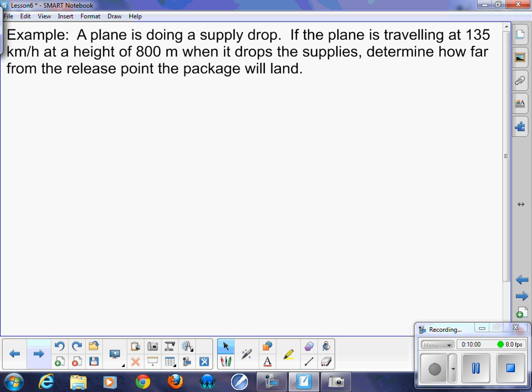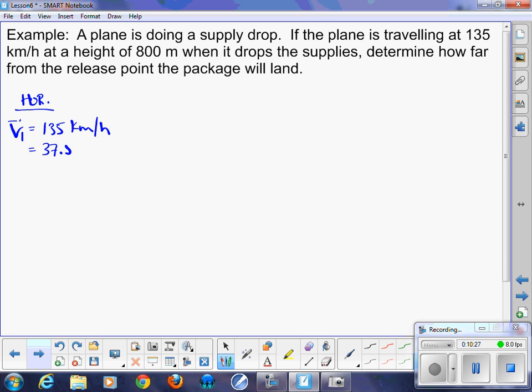So I will get it set up and started. A plane is doing a supply drop. The plane is traveling at 135 kilometers an hour. We're assuming horizontally because there's no angle provided. So I'm going to jump to my information here. My velocity is 135 kilometers an hour. Of course, you want that in meters per second, just for purposes of using gravity.